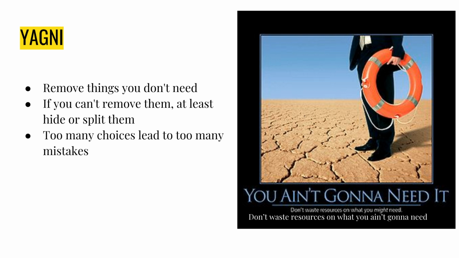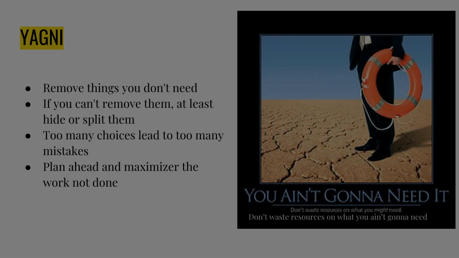Too many choices, too many things that are exposed lead to too many mistakes. And there is a nice saying that we should maximize the amount of work which is not done. So we should think about what we need and do only that, because otherwise we're wasting our time on things that we don't need.